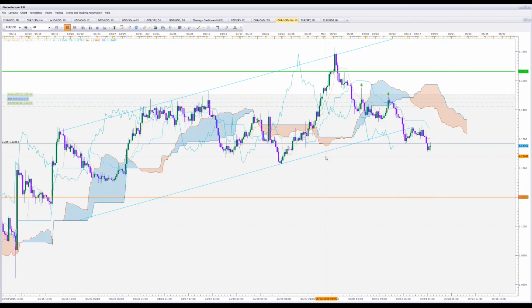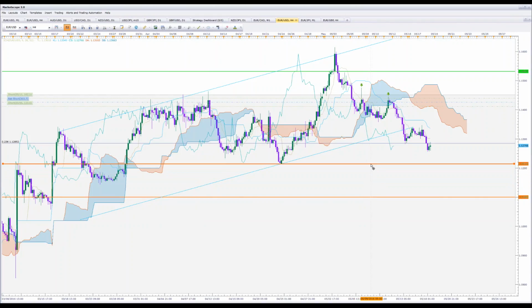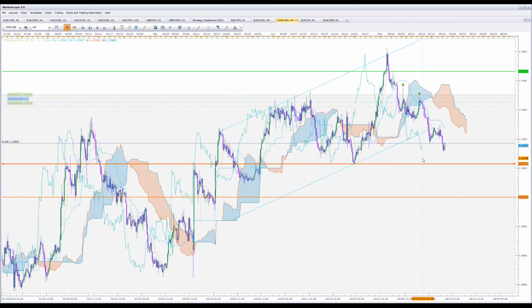So at least we can expect the pair to reach, if you want to play it safe on a short-term time frame, this support level at 111.15. And if you want to play it very safe, you can go to 112 so that you can get out with profit and then wait for a different signal.